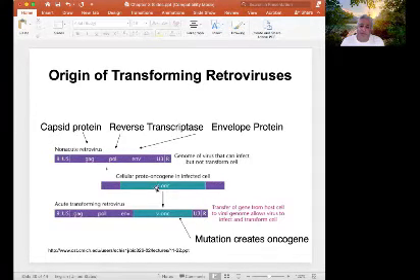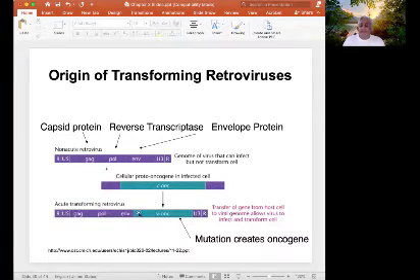C stands for cellular. So if it's a normal gene that doesn't cause cancer, it's going to be called a proto-oncogene. This is a normal gene that's required for cell division, and you'll see later on the types and classes of genes that these are. Because of this accident of nature, now the proto-oncogene is picked up and packaged into the capsids of the retroviruses, right?